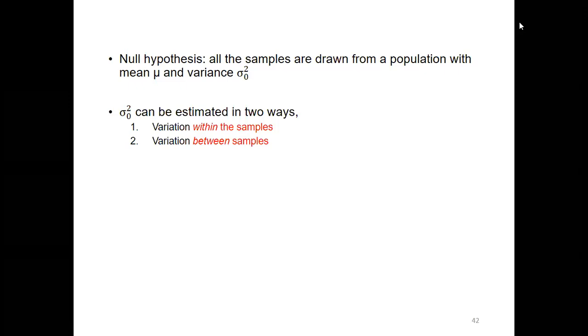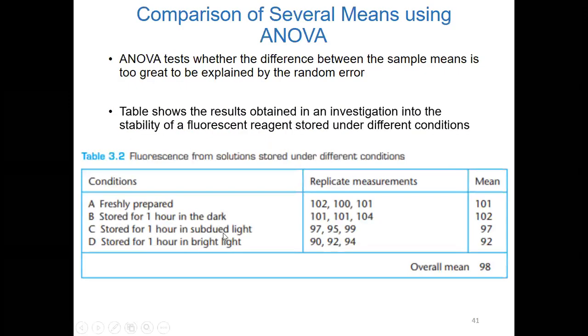So here, all 4 samples are covered by that hypothesis. That is what we test. Even though the storage condition is different, the reagent is the same. So we hypothesize all 4 samples come from the same population, with population mean mu and variance sigma squared.